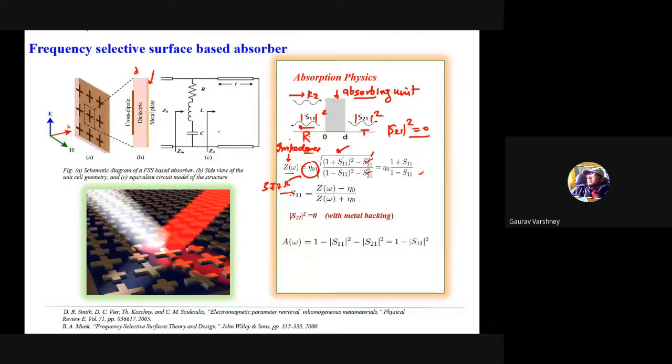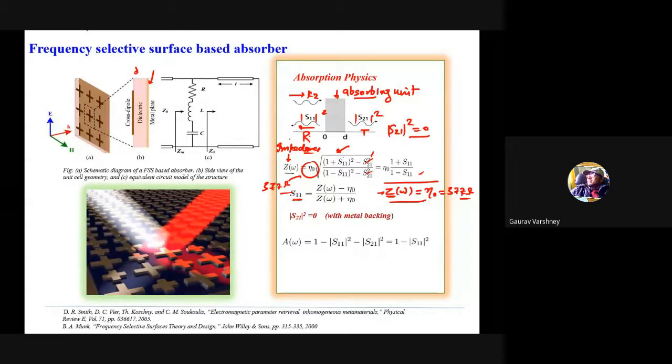Here this S11 also remains approximately 0. In that case, Z omega will equal eta naught, meaning the impedance offered by this absorbing unit will be approximately the free space impedance. So this is called the impedance match condition.